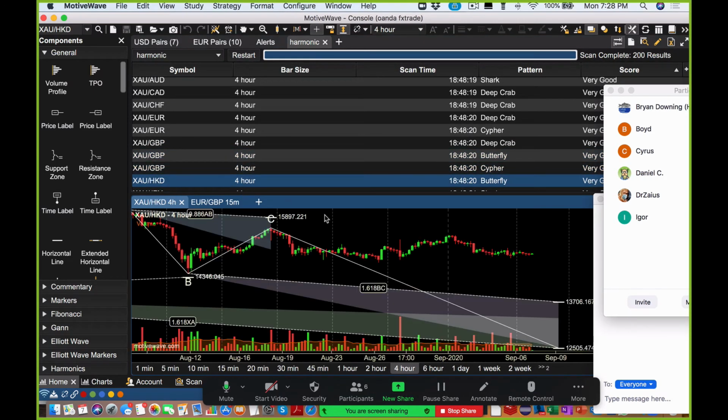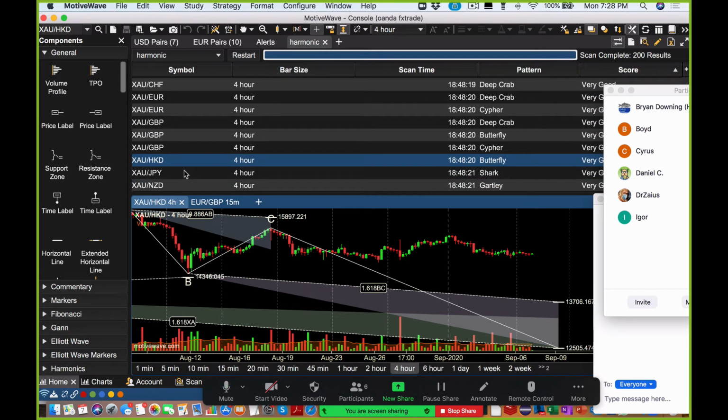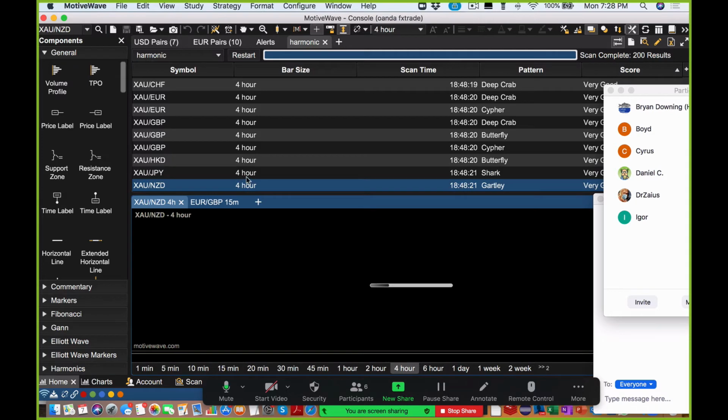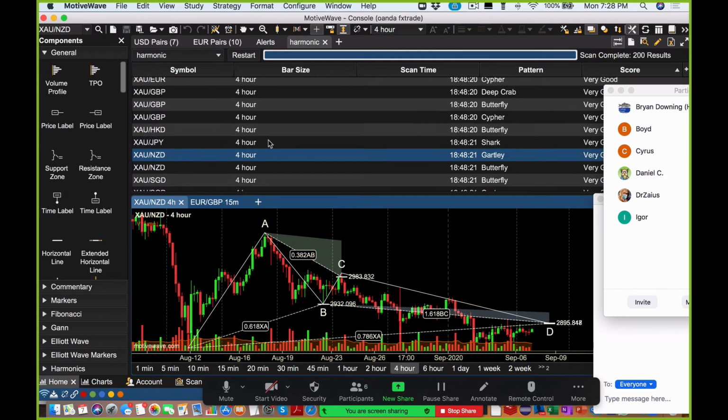Okay, we have here in Hong Kong dollar, silver, gold and Japanese yen, New Zealand. I mean, it's really hard to gauge what would drive that. Why would there be a long silver against Swiss franc and silver against euro? There's a long, but everything else is a short. I just don't know.